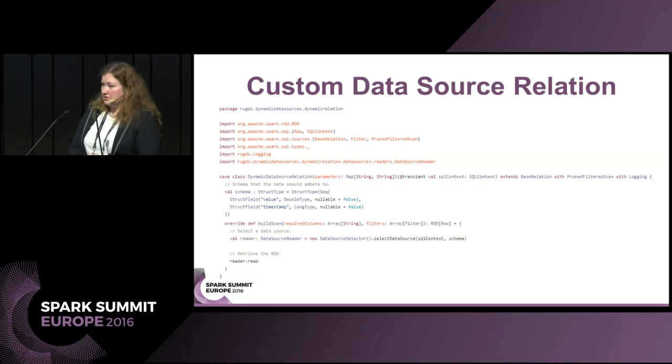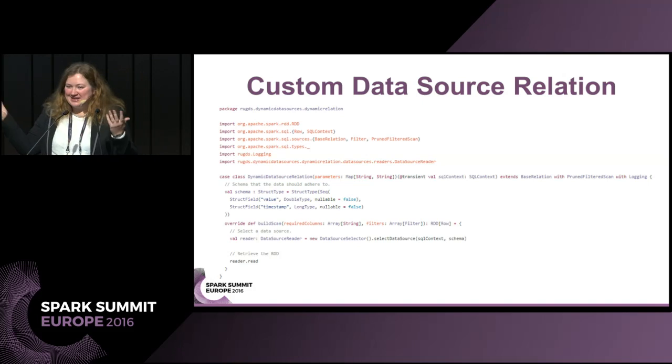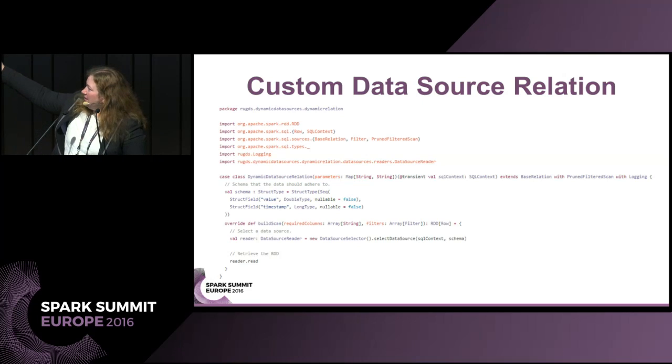And we have data source relation, so the driver, where we indeed should have our schema. You see here that we have a schema with timestamp and value, typical for sensor data, of course. For me, it's quite obvious. And we have overridden the buildScan method from data source relation, which also creates a selector. The selector selects the specific data source and then reads exactly from that data source.